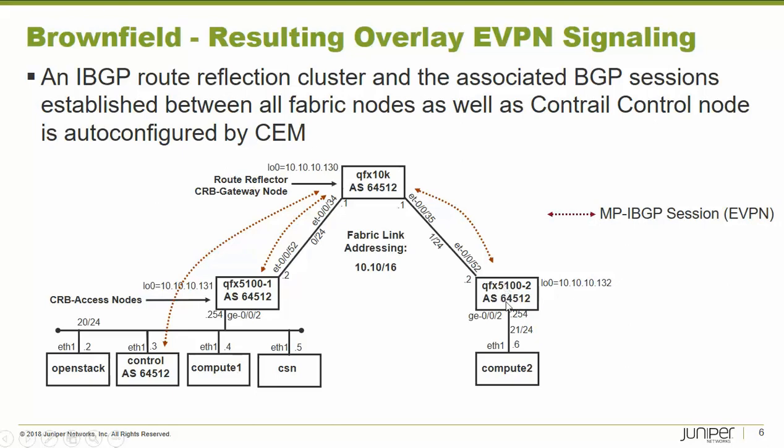They'll only do the layer 2 VXLAN gateway function. If you need a layer 3 VXLAN gateway function, that function will be done on the spine. So what you need to know is CRB access equals layer 2 VXLAN gateway. CRB gateway role is a layer 3 VXLAN gateway. So we're doing central routing. Our routing is done centrally, that is, on the spine.